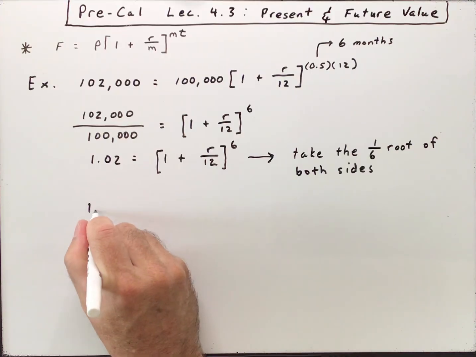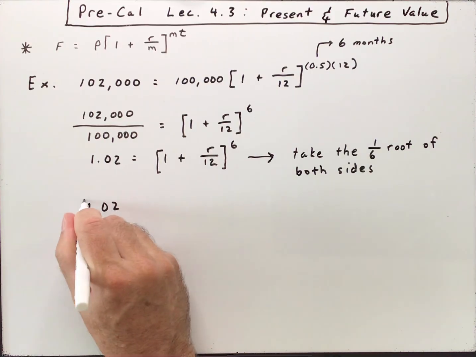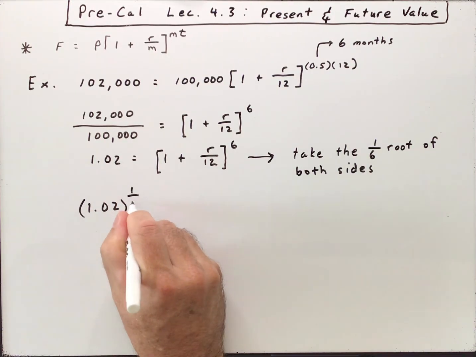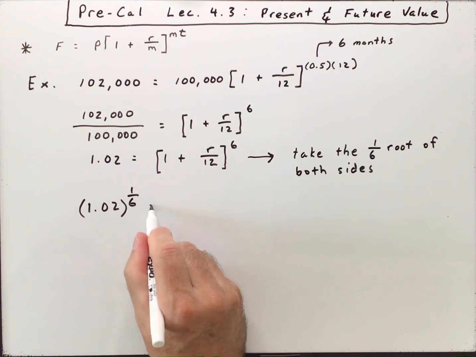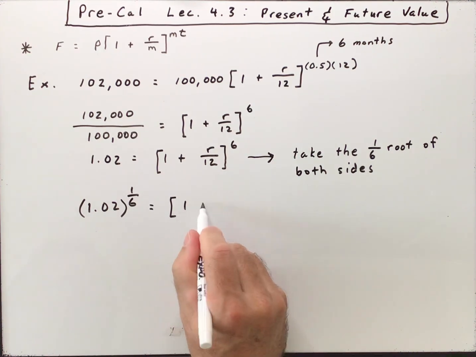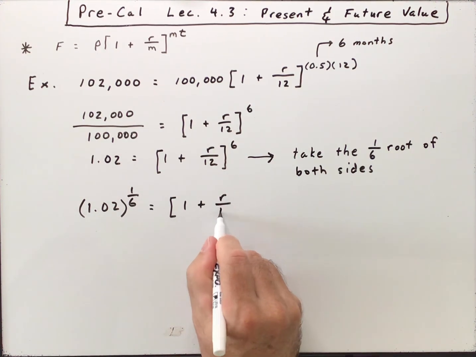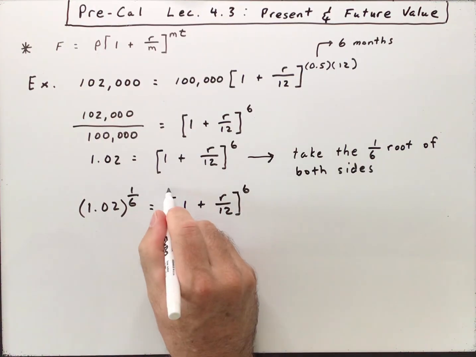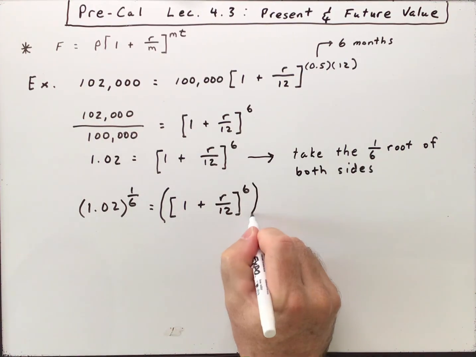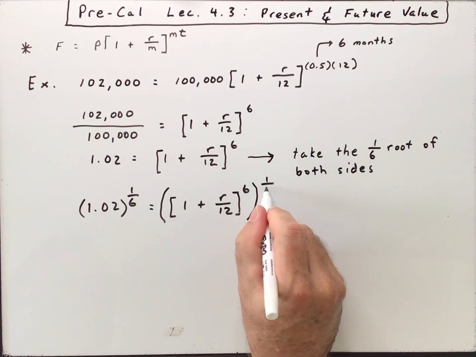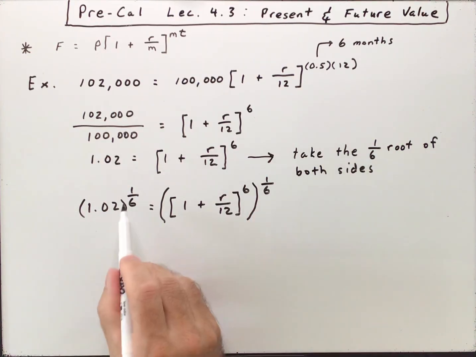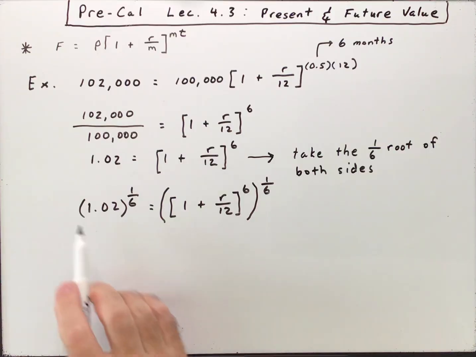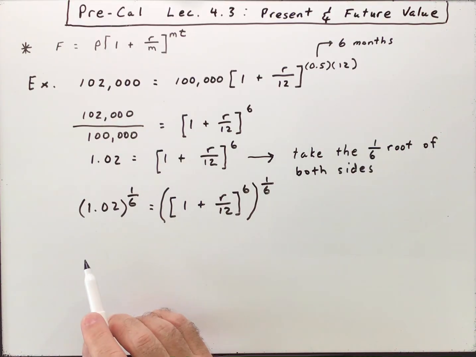So that's like 1.02 to the 1/6 power is equal to 1 plus R over 12 to the 6th power, and then all of that is raised to the 1/6 power. As long as you raise both sides to the same power, it's still an equivalent equation.